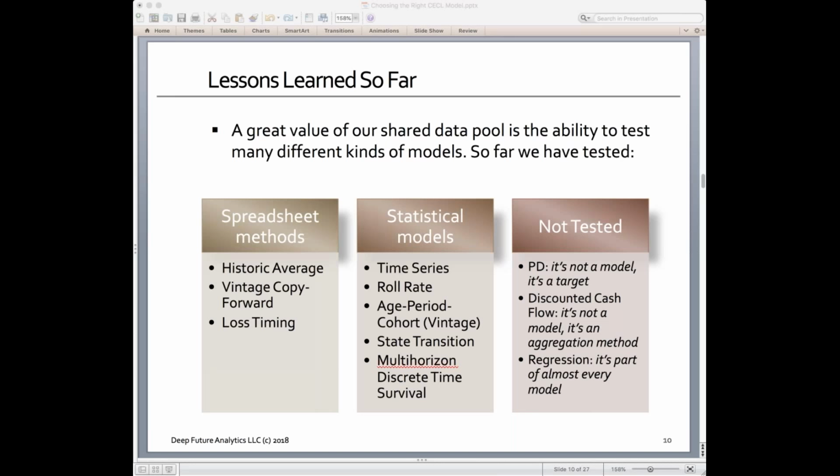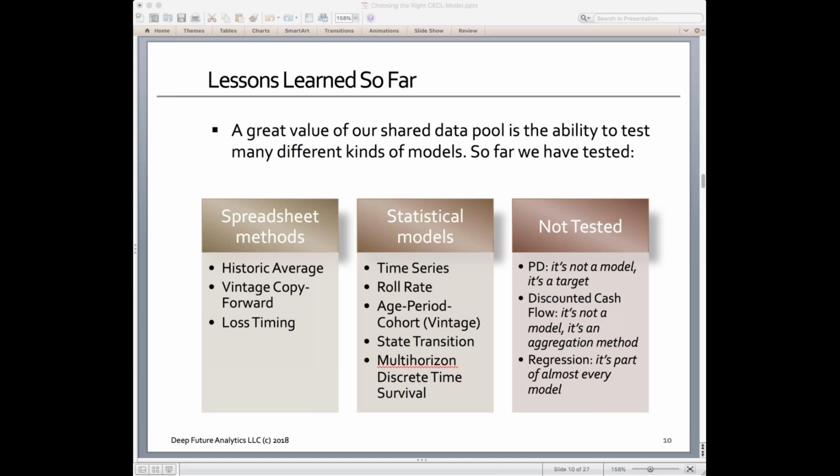Some people call what they do PD models, and to be fair, FASB just went out. It's clear what happened was they simply polled people and said, what kind of model do you use? Some people said PD models, but yes, if you look at Basel II regulations, those are PD models, but it's a specific kind of model underneath. So it's not really the right use of the term.